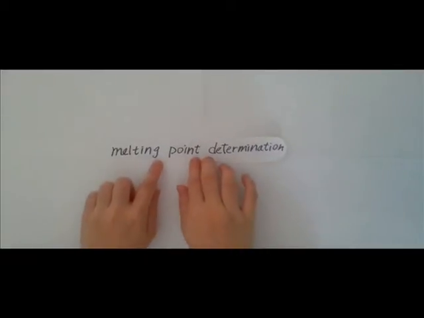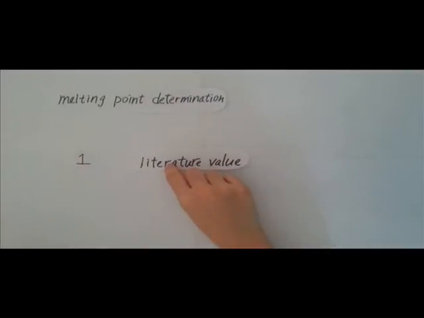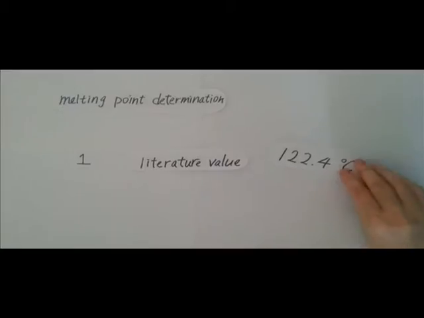Then, we need to test the purity of the crystal obtained. We can use melting point determination, which means that we can test the melting point of the crystal obtained. We may carry out the test in 4 ways. First of all, we may compare the melting point of the crystal obtained with literature values of melting point of benzoic acid, which is the value that has been proven and is known.